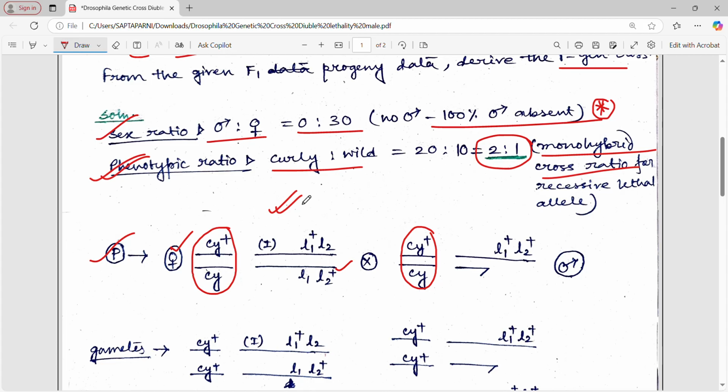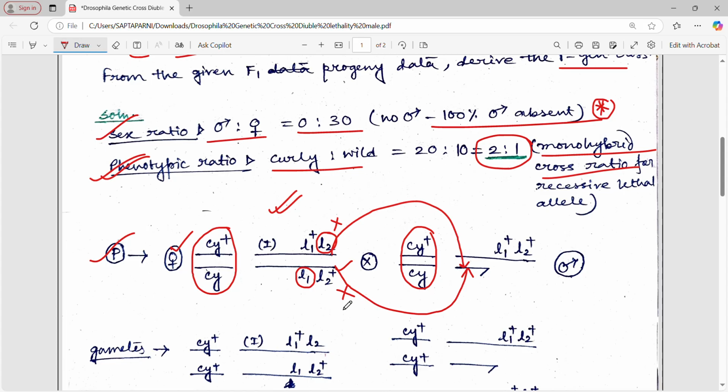See here, when this X chromosome combines with the Y chromosome of the father, it will form L1 plus, L2 and Y. Obviously the product of L2 will not be there, so the progeny will die. When this X chromosome of the mother combines with the Y chromosome of the father, it will not produce the product of L1, so here also the progeny will die. Male progeny will be dead.